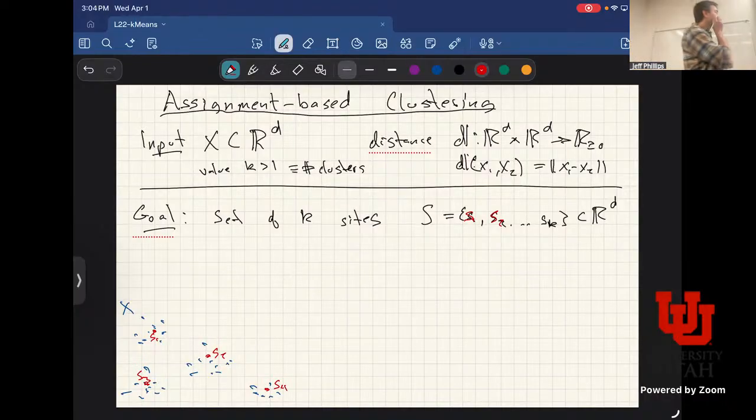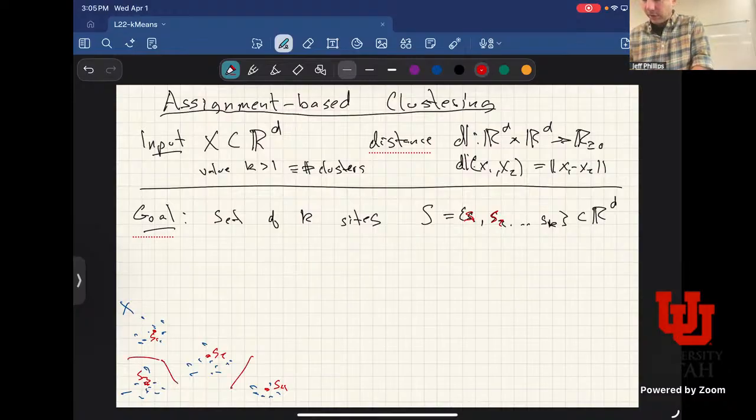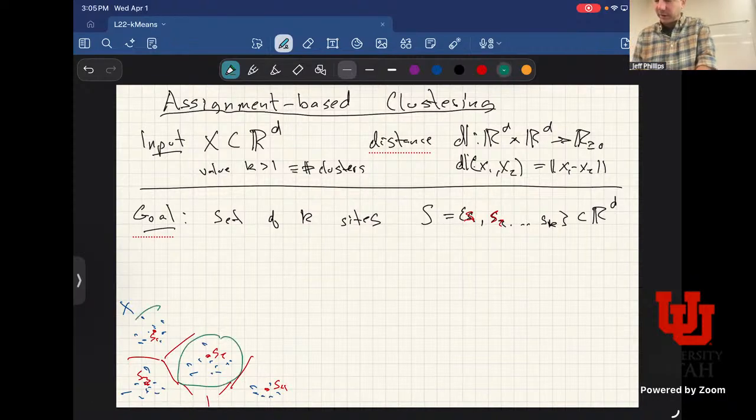I want to find representative points for these different groups of the data. This allows me to define this Voronoi diagram, which implicitly is going to group the points together. So implicitly, there are going to be these subsets of the points.